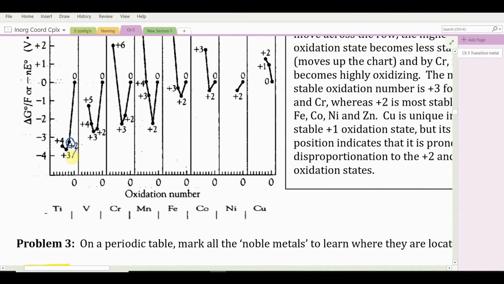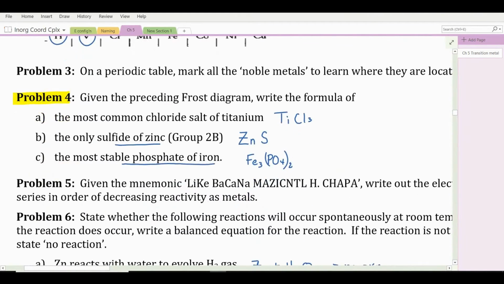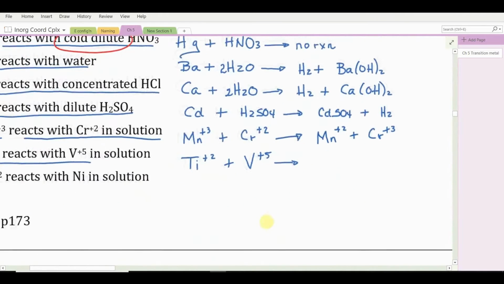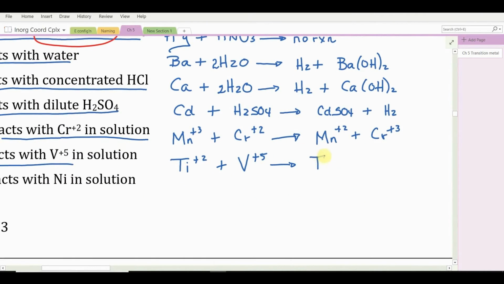It would like to give up an electron and form titanium 3. Vanadium 5 is an oxidizer. It would like to gain electrons and form vanadium 3. So that looks like a favorable reaction. So titanium would prefer to exist as titanium 3, and vanadium 5 would prefer to exist as vanadium 3.